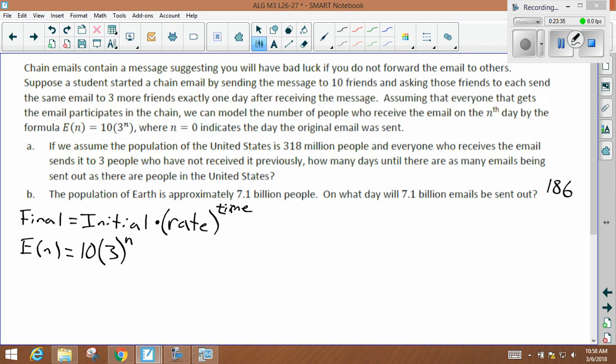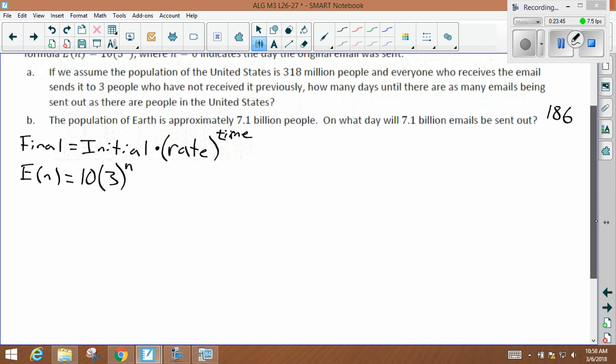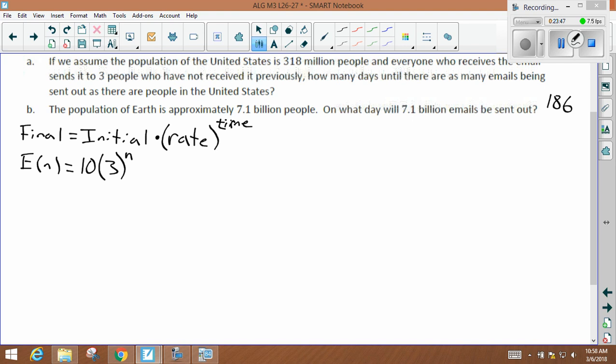And there it is. So if we wanted to figure out how many days it takes to send this email to 318 million people, we have to solve this equation.